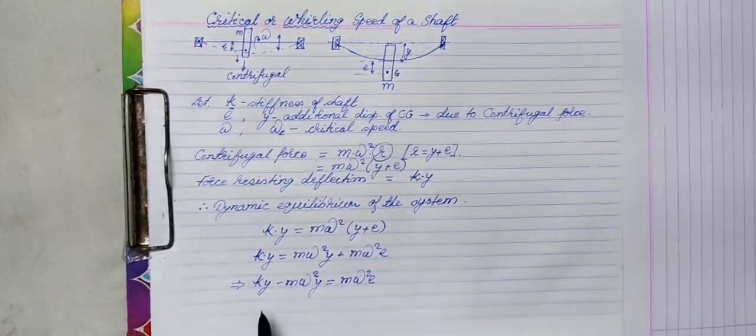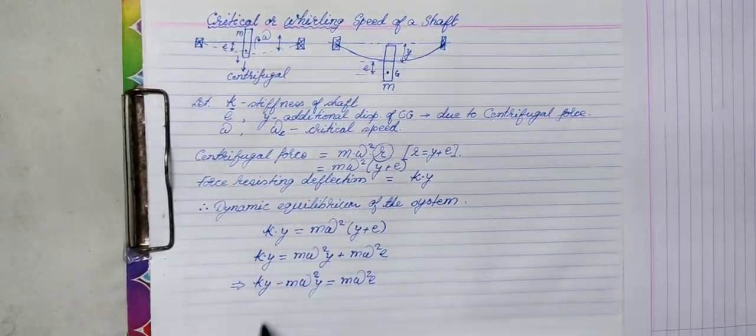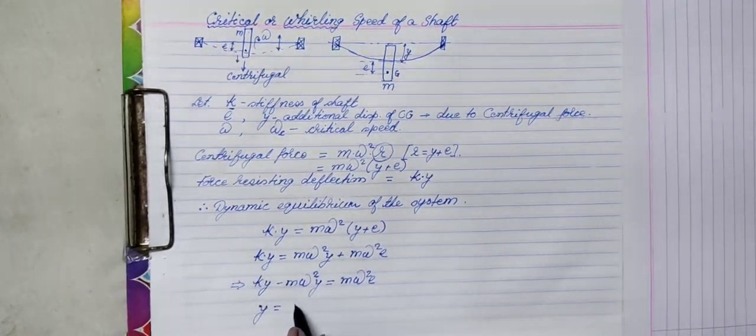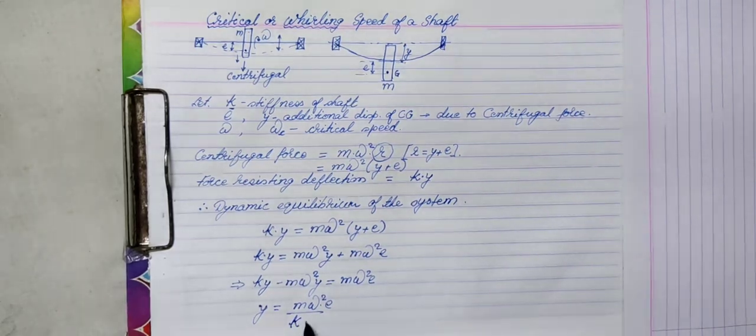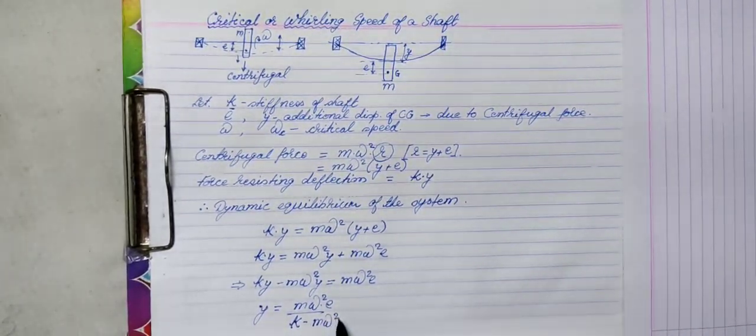If I take y common, y will be equal to m omega square e upon (k minus m omega square), right?